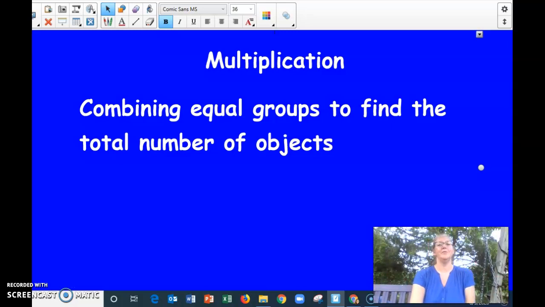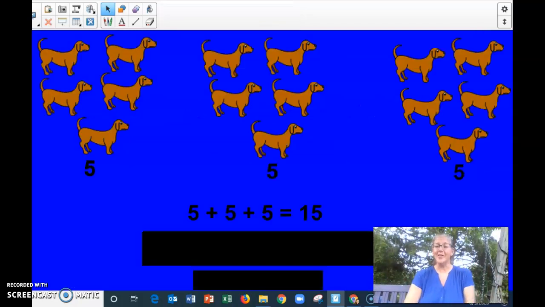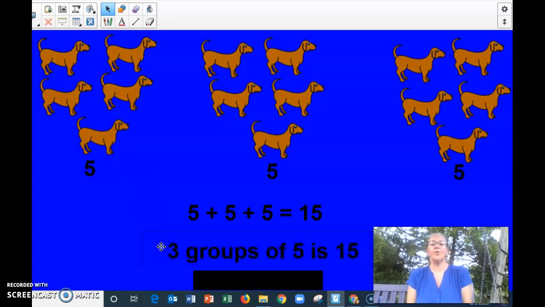Let's do another example. There are the dogs again. All right. So this is the one where with repeated addition, we did 5 plus 5 plus 5. We also said we could have counted it up, 5, 10, 15. So what we were looking at written out would be 3 groups of 5 is 15. And again, you can see where this came from.